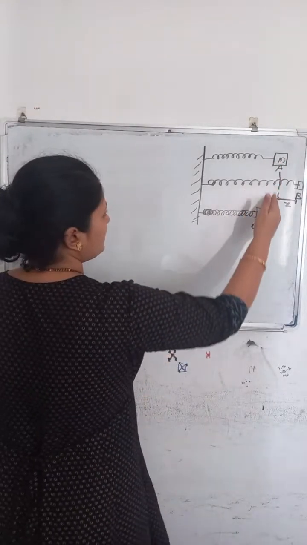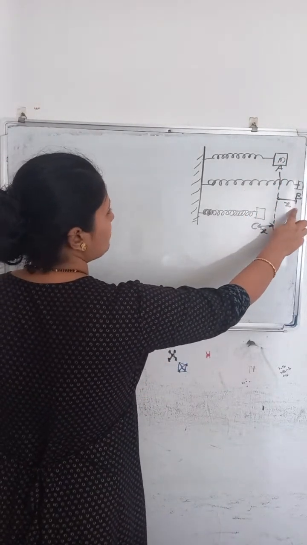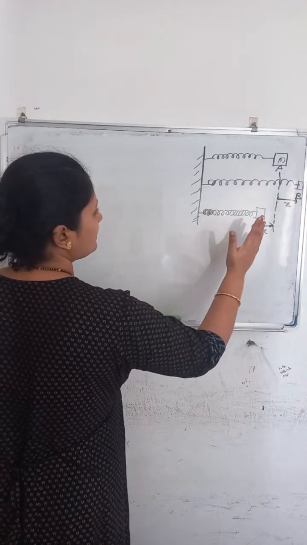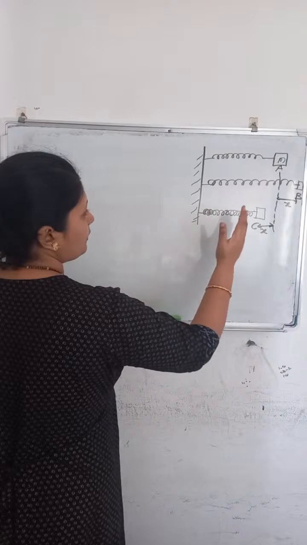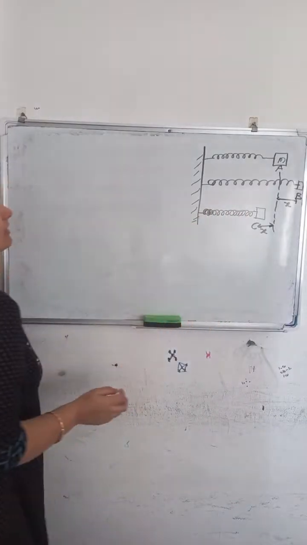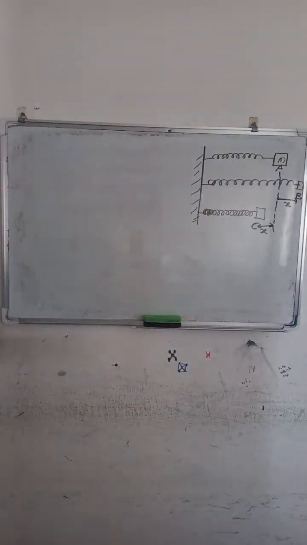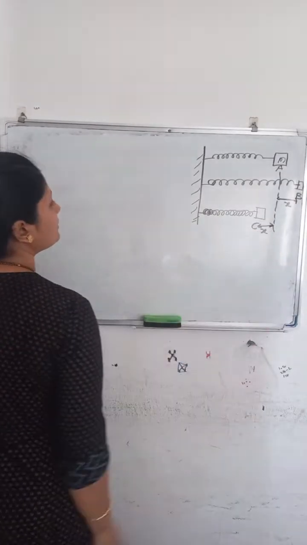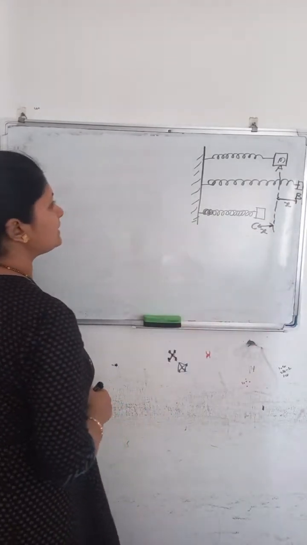This is the mean position and the displacement is positive here, and in this third case I applied the force on the block of mass M towards the rigid support, so it gets contracted and is also displaced from the mean position X, and that displacement is negative.